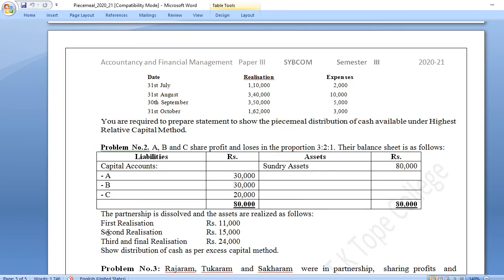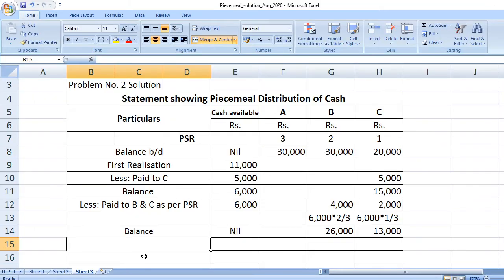Then we have to see the second realization, and they received 15,000, this particular amount. So we have to write here second realization, and they received 15,000 amount.